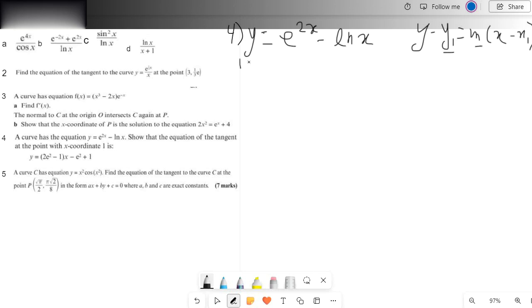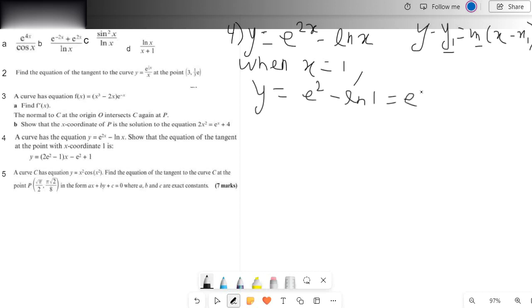So first, when x equals 1, y equals e to the power 2 into 1, which is 2, minus ln 1, which is 0, as the logarithm of 1 is always 0.